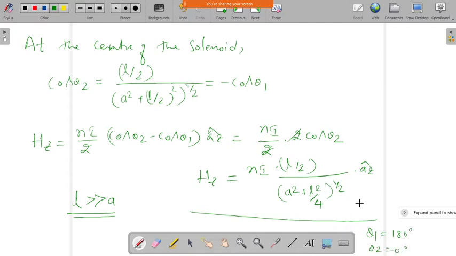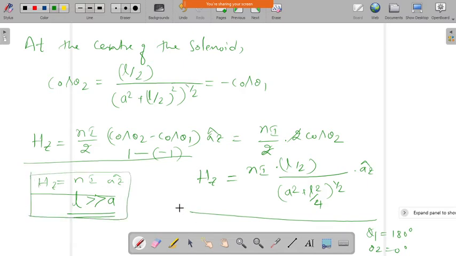We can substitute that in the earlier expression. Cos theta 2 is cos 0, which is 1, and minus cos theta 1 is minus cos 180, which is 1, so we get 2. That will be nothing but N I in the Az direction. This is for L far greater than a, at exactly the center of the solenoid, where it is divided equally by L by 2.